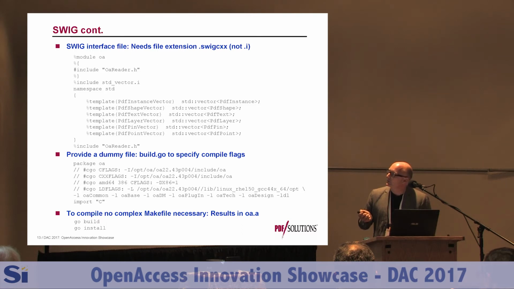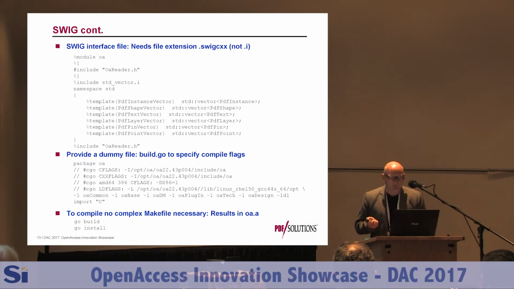You include this standard vector.i file so that you get access to size. So if you deal with standard C++ vectors, you get information like the size of the vector, the first element, the last element, and so forth. And then you simply define your own types here, like my PDF text, shape, layer, pins, points, whatever I needed. I need instances, and then that's it.